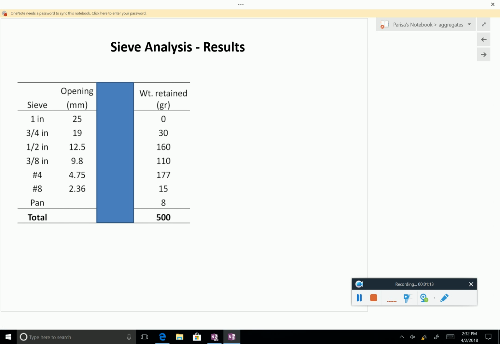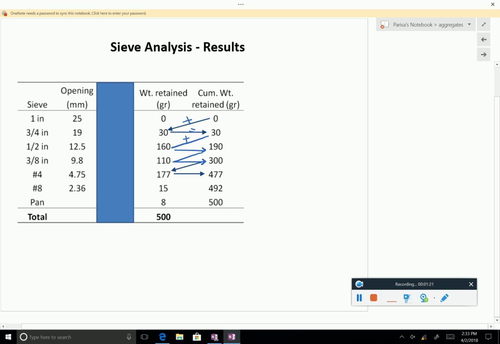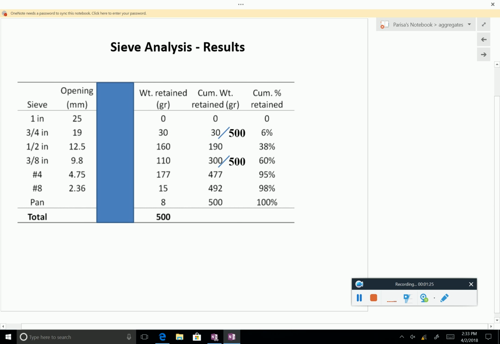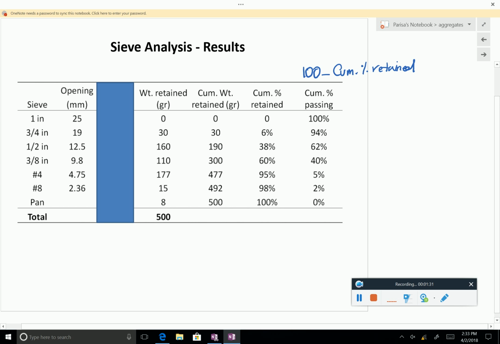And the last thing we talked about was this sieve analysis, where you have the weight retained and then cumulative weight retained, then percentage. You could change the order actually. And then when you subtract it from 100, you get percent passing.